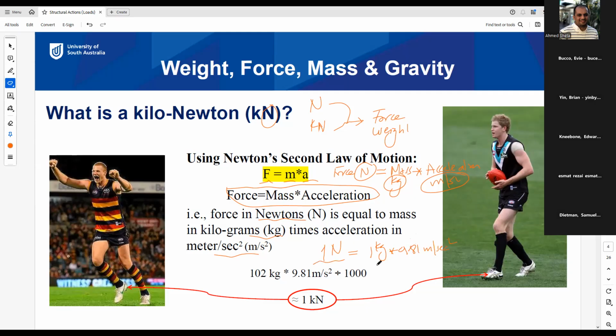So 1 Newton equals 1 kilogram times 9.81 meter per second square. This is our 1 Newton.